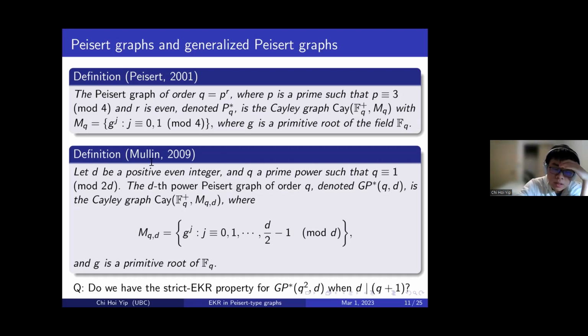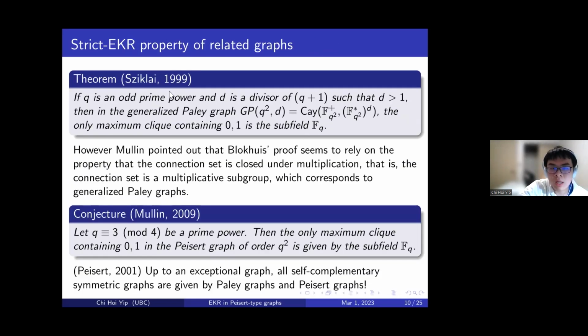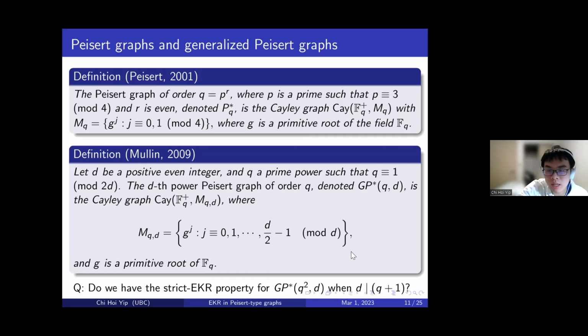And Moulin conjectured that the EKR theorem for Peisert graphs holds. And of course, we can also ask whether the EKR theorem holds for generalized Peisert graphs. And again, we need to impose a natural assumption that d divides q plus 1. And this also appears in the result by Sikla for generalized Paley graphs. So this is a natural assumption.